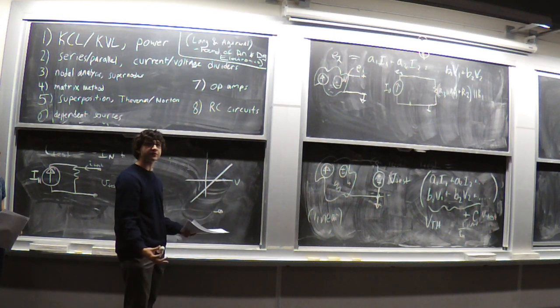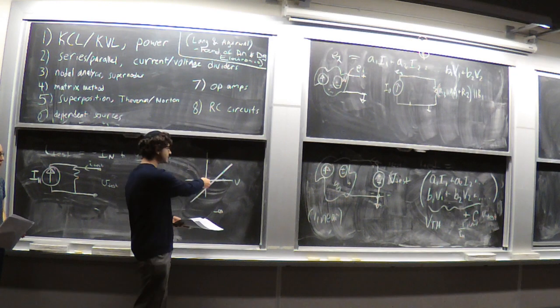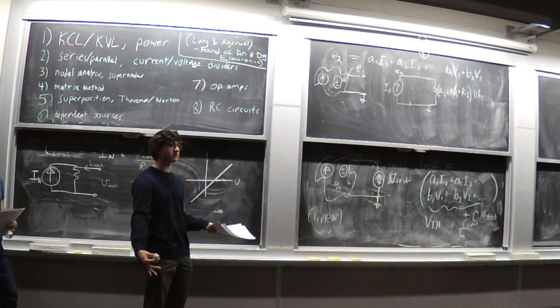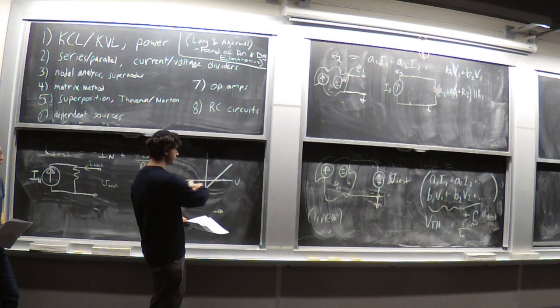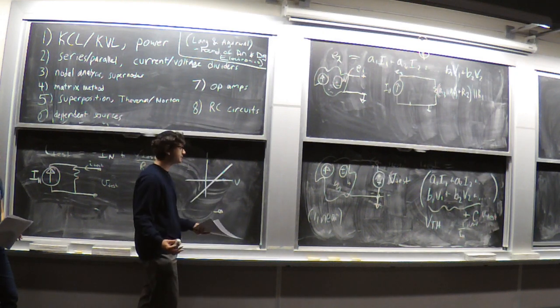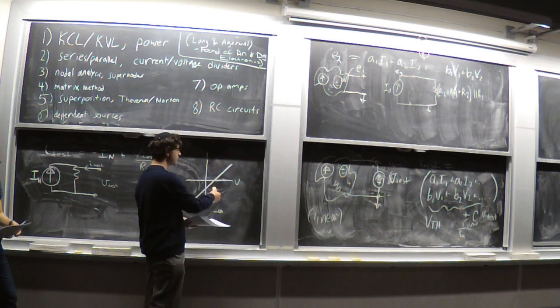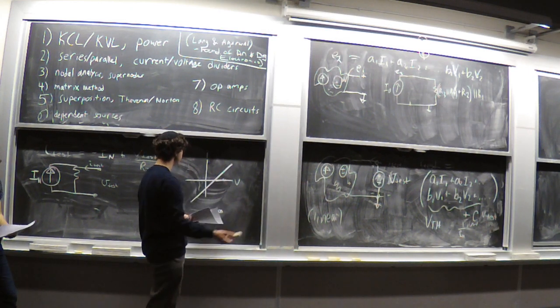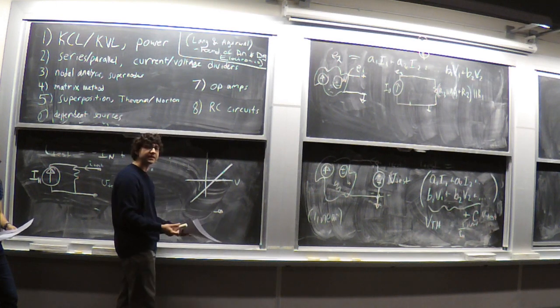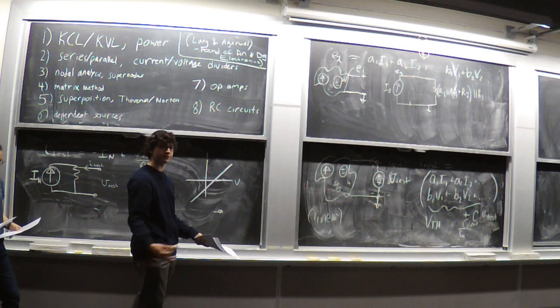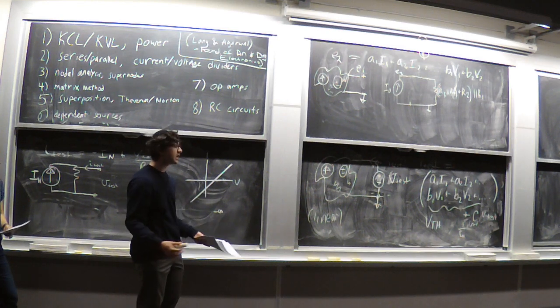The fundamental difference, though, is that a resistor has to go through the origin. If you apply 0 volts across a resistor, you're getting 0 current and vice versa. With an arbitrary circuit like this, you might not be. If this were just a voltage source, for example, it certainly wouldn't go through the origin. It would just be some horizontal line. But the point is, we can model this linear circuit in terms of its IV characteristic, which is some straight line.